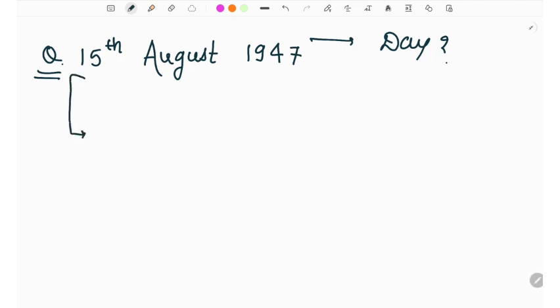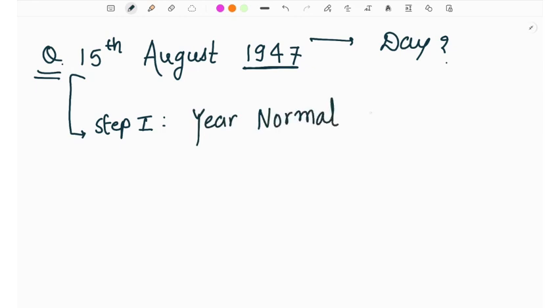For that, we are going to follow a series of steps. The first step is to check whether the given year is a normal year or a leap year.